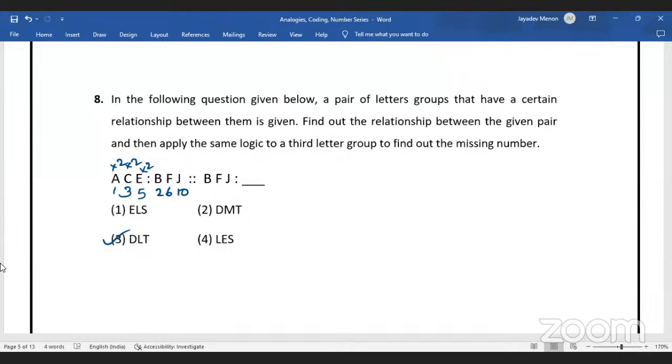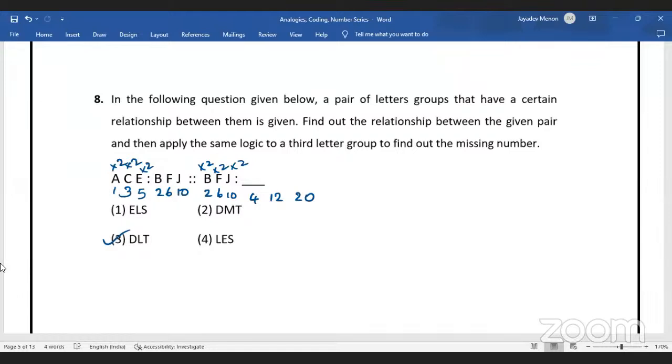So in the same way, in the next pair, we have BFJ. Alphabetical position of B is 2, F is 6, J is 10. So if we are multiplying the positions with 2, we get 4, 12, and 20.